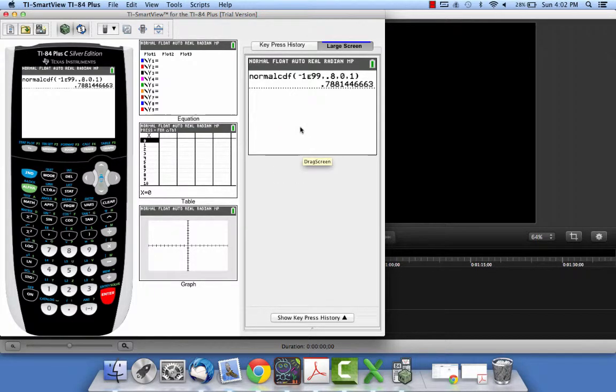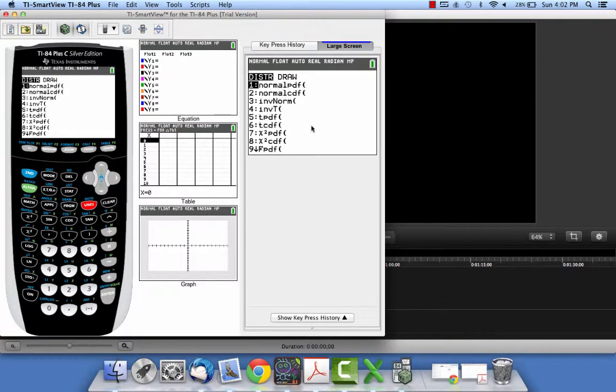If instead you were given, let's say it's an IQ test, for example, and you want to know what's the probability that somebody's IQ is greater than 110. Then your left endpoint is 110 because you're doing greater than. Upper is now infinity, positive infinity, not negative.